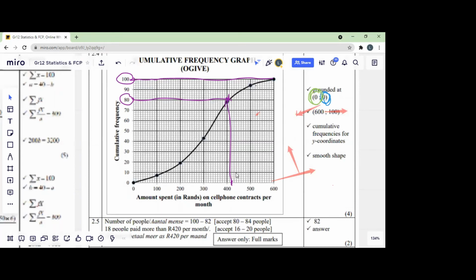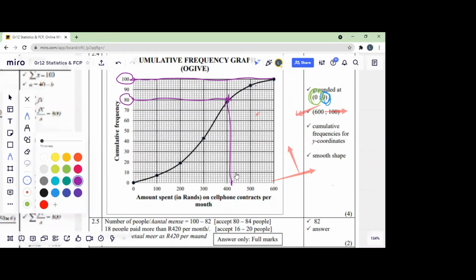My line has gone skew. So 420 would be this line up here. Yes, it is a little bit more than 80.